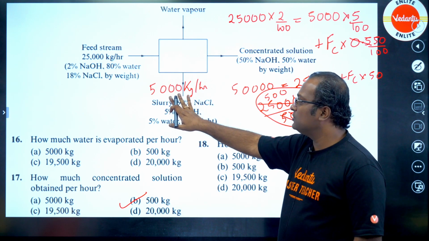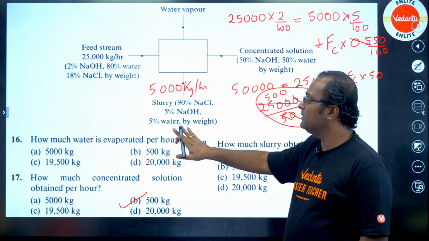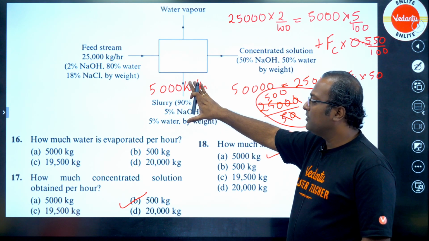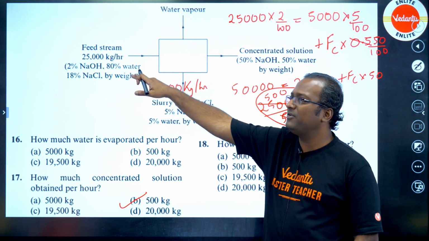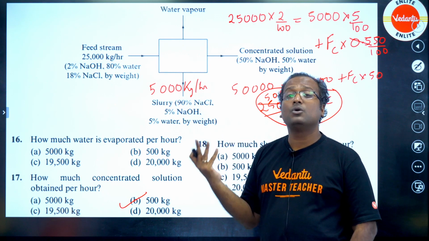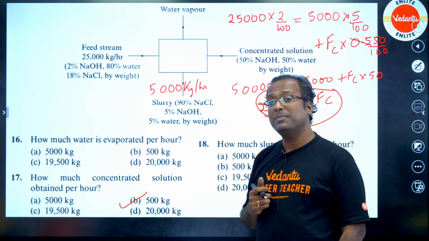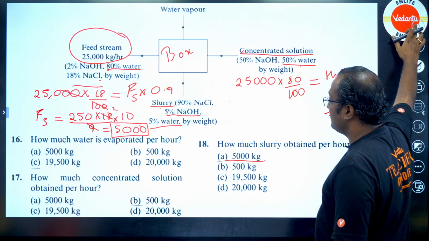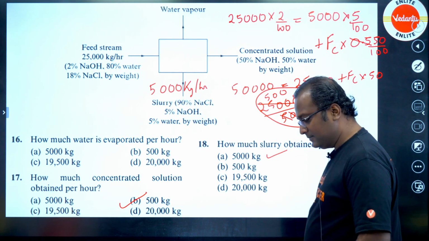There is 5000 kg per hour flowing out here. So that's 5500 over, right? 5500 is over here, 25,000 I'm putting in here. So how much water is getting evaporated away?